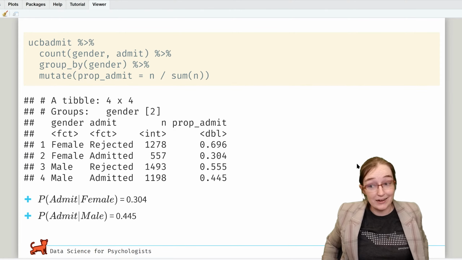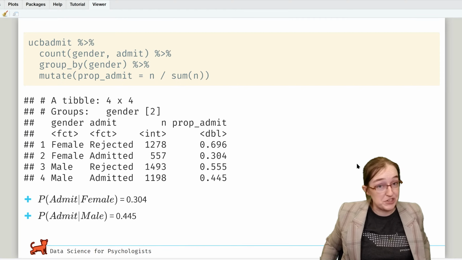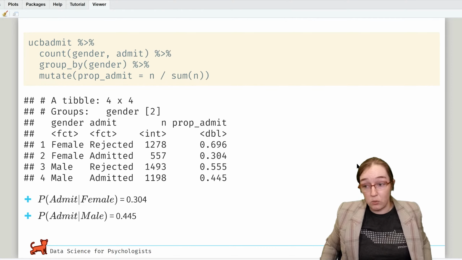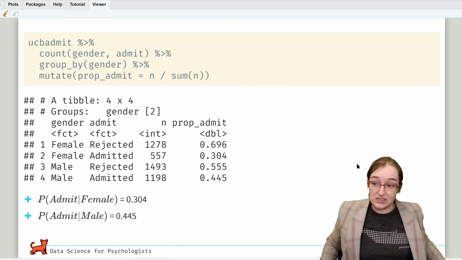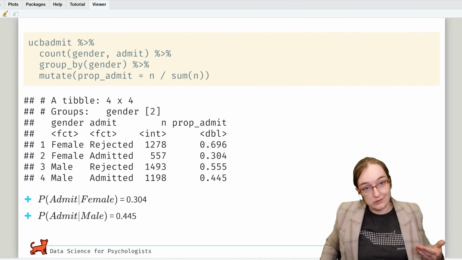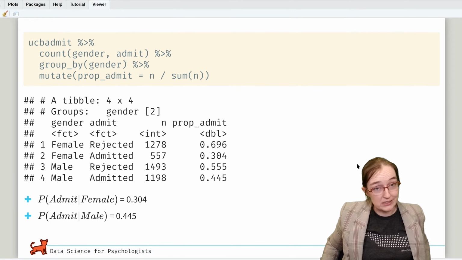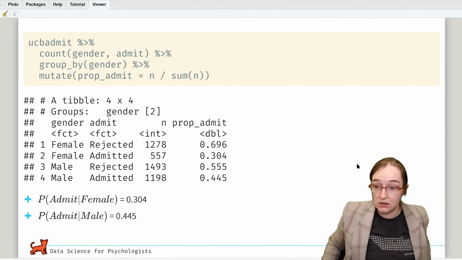And we can see here that 70% of women are being rejected and 30% are being accepted, versus for men, where 55% are rejected and 44% are admitted. Now, from a raw numbers standpoint, more men are being rejected, but as a proportion, men are being rejected at a lower rate. And that's the crux of the question.